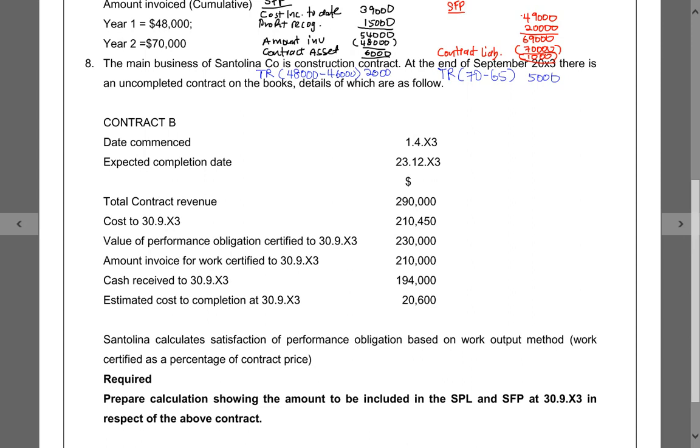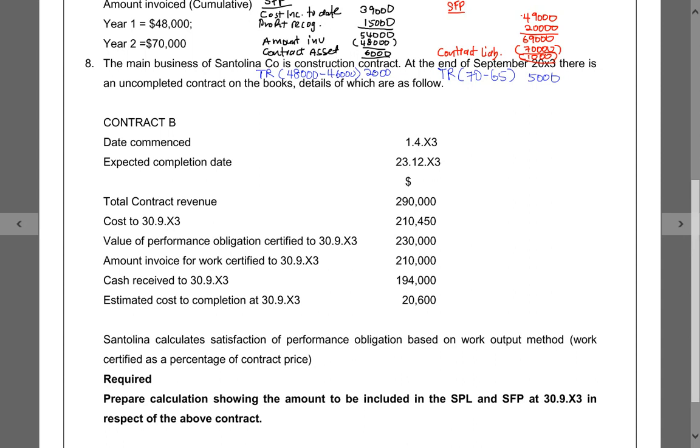Cash received is 194. Estimated cost to completion is 26. Santolina calculates satisfaction of the performance obligation based on the work output method, the sales method, as a percentage of contract price. Prepare calculations showing the amounts to be included in the SPL and SFP for the year in respect of the contract.